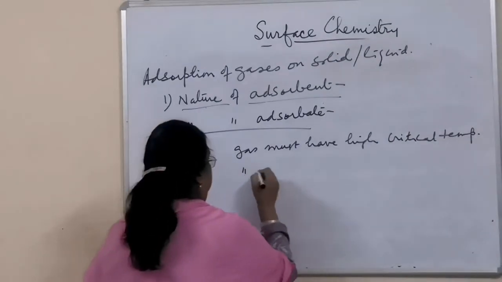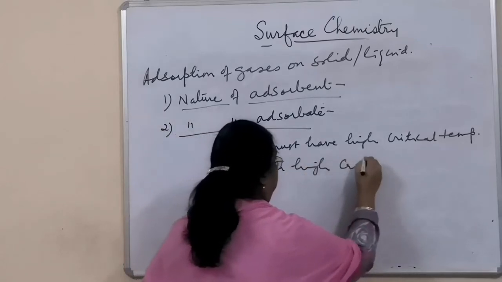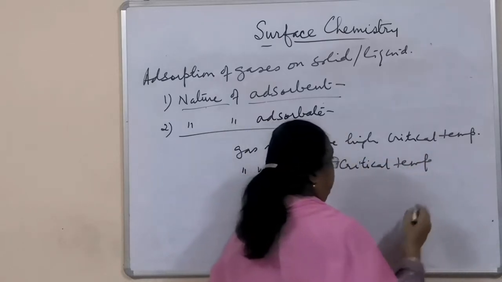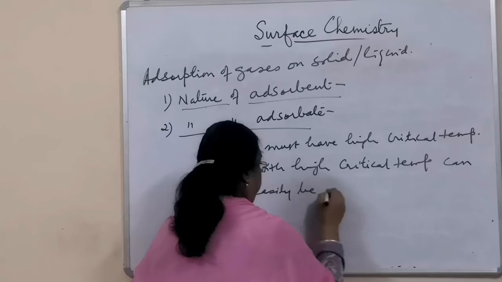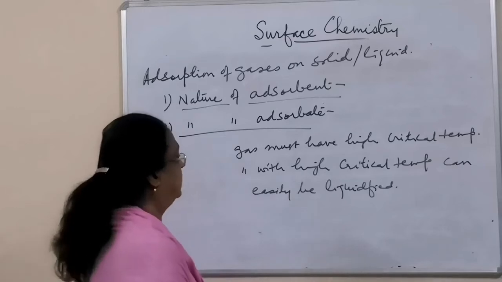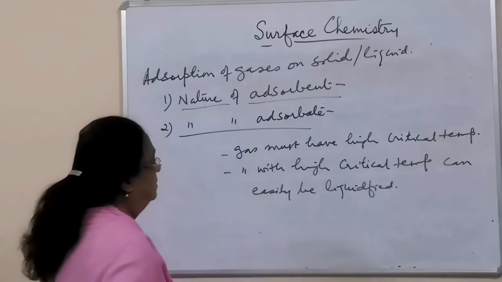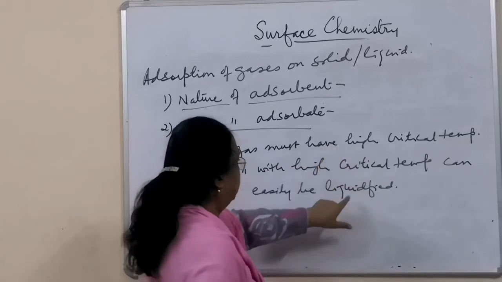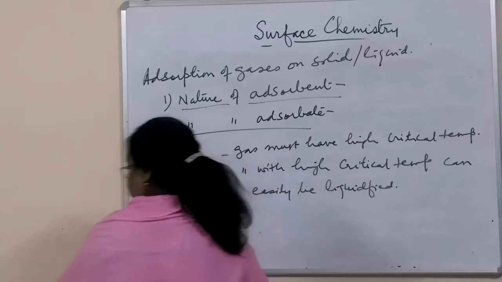Gases with a high critical temperature, as you have studied in class 11th, can easily be liquefied. You can convert them into liquid very easily. Since they can be liquefied easily, adsorption will be faster.